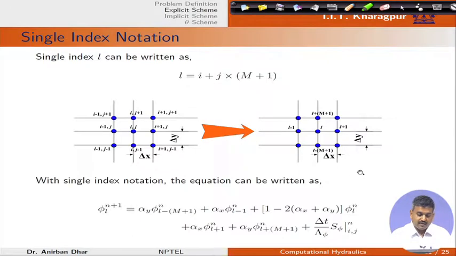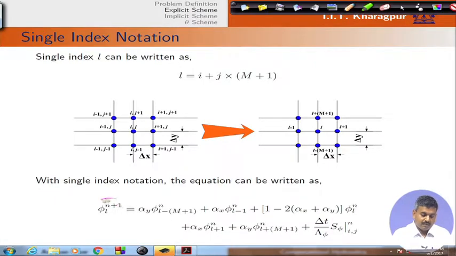With this, we can write it as phi L n plus 1, where this j minus 1 will be L minus m plus 1, I minus 1 j, that will be L minus 1, I j is L, I plus 1 j is L plus 1, L plus m plus 1 is for I j plus 1.